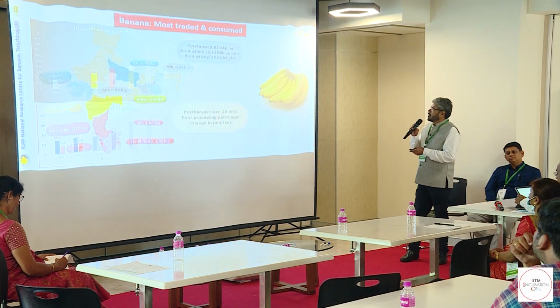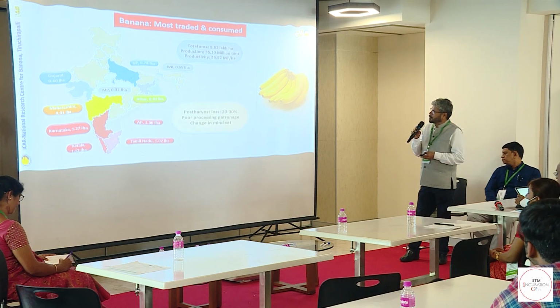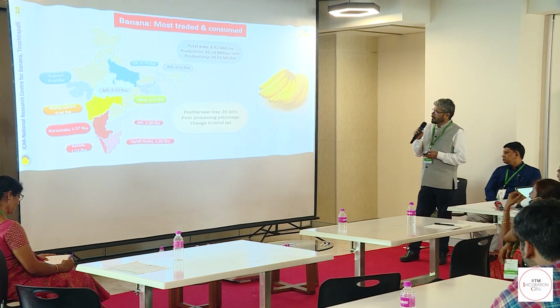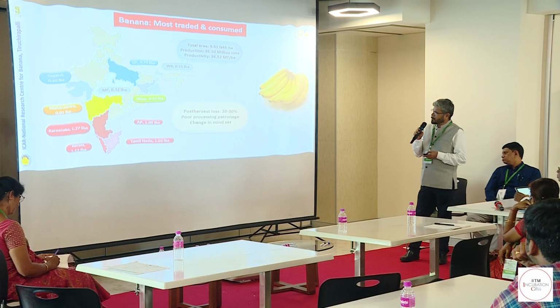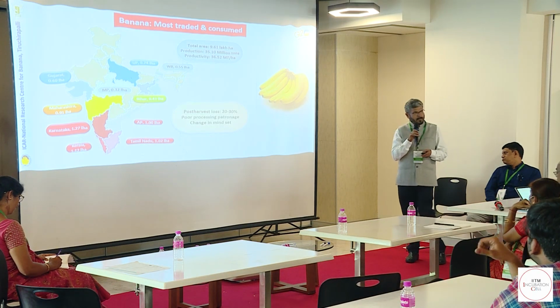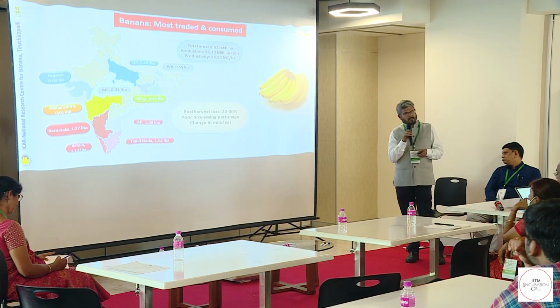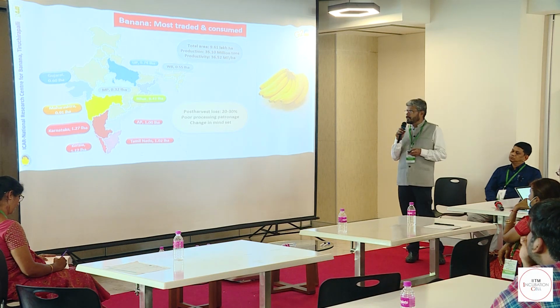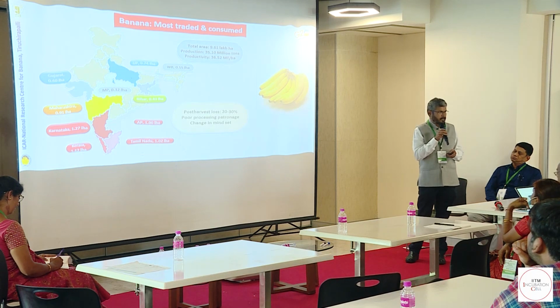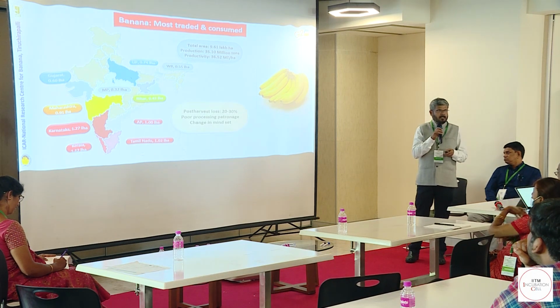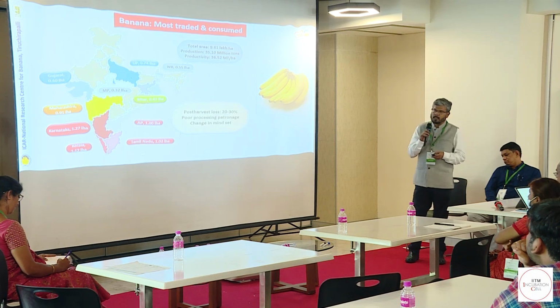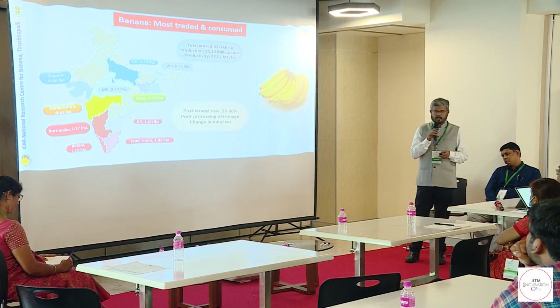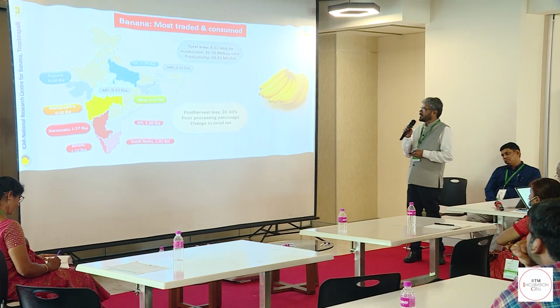Coming to production in India, Maharashtra, Karnataka, Tamil Nadu, Andhra Pradesh, these southern states, we contribute much. In fact, the central government has announced one district, one product, and there are 23 districts. Almost these 23 districts grow around 2 lakh hectares and produce 6 million tons.